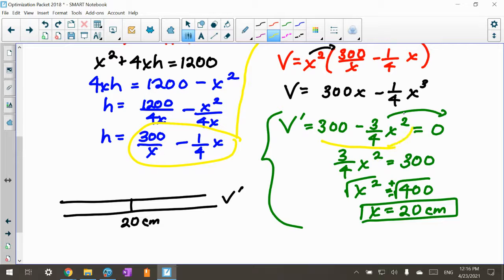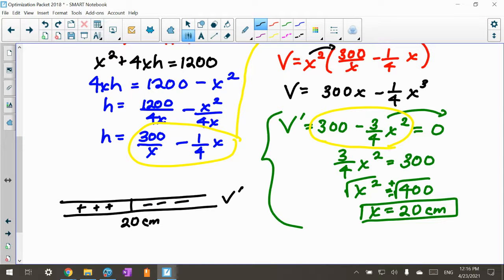It doesn't matter. I'm going to go to the left and to the right. If you go to the left, say we put 10 in there, you're going to end up getting a positive number. If I put something greater than 20 in there, we'll try 30 or 40 even, you're going to get a negative number.